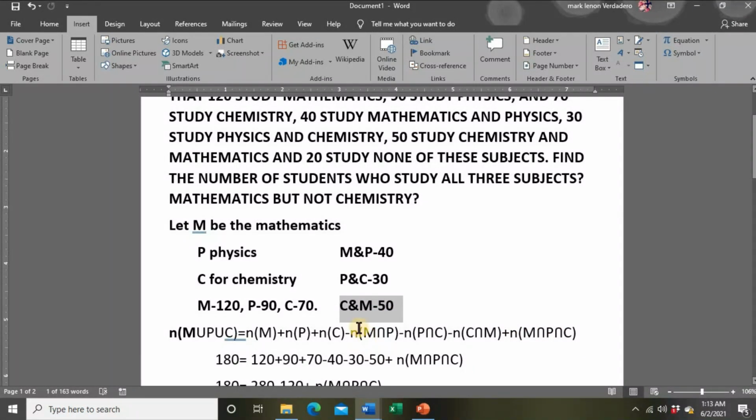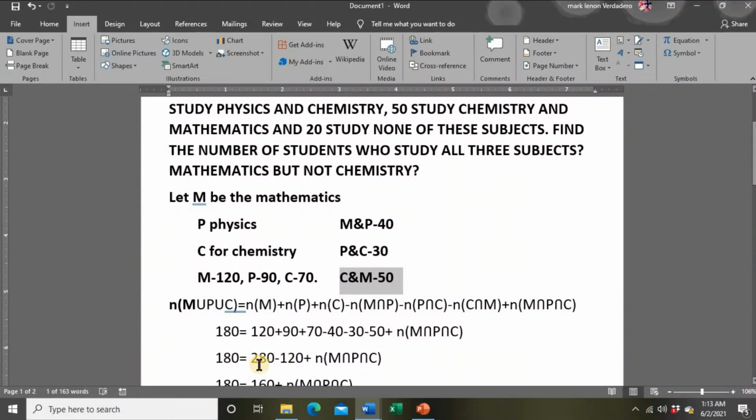So we substitute now. So we got 180 is equivalent to 120 plus 90 plus 70 minus 40 minus 30 minus 50 plus the intersection of M, P, and C.